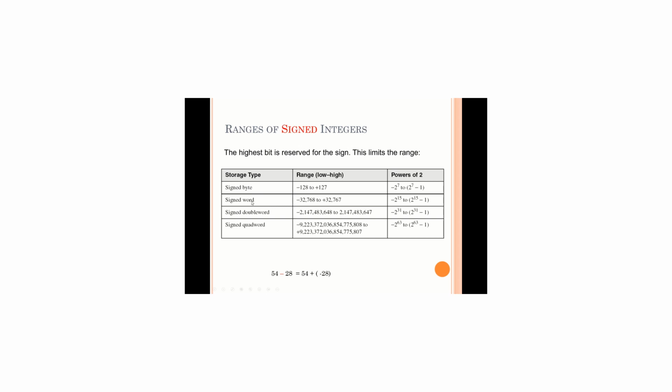For a signed word, it's negative 32,768 to positive 32,767, etc. Now consider this. If we want to subtract 28 from 54, another way of doing this is to add the number 54 and a negative number 28. Then you get the same result, right?